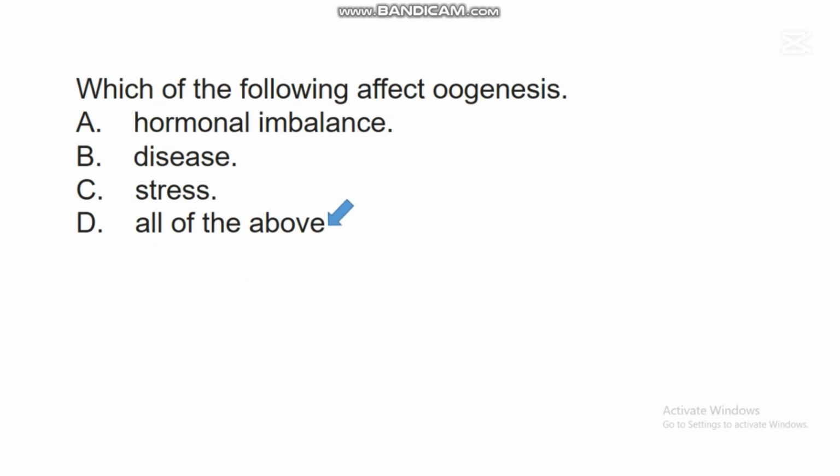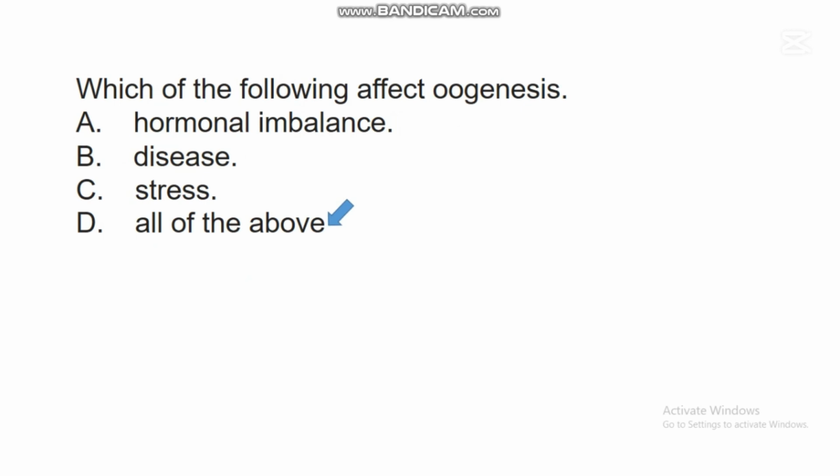These factors include hormonal imbalance. Studies have shown that when hormones are not balanced in the body system of a female human being, it can affect the production of egg cells. Disease condition can also expose egg cell production to danger.